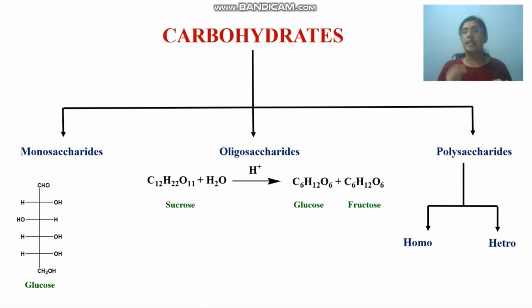Homopolysaccharides are the ones that give rise to one type of monosaccharide. There will be n number of that one particular monosaccharide, like in the case of starch and cellulose. But a heteropolysaccharide gives rise to a large number of different monosaccharides. More than one monosaccharide will be formed as the product. An example for that is alpha globulin.